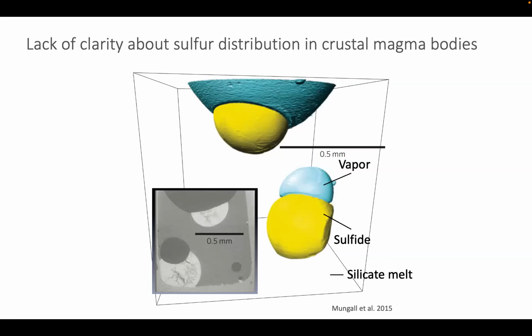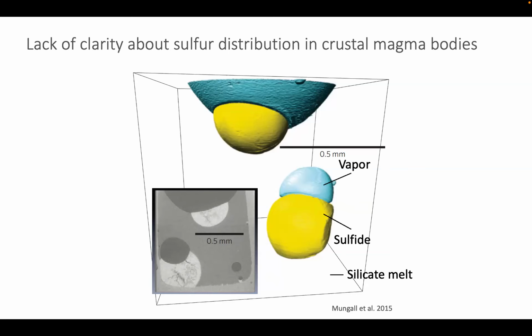So one aspect of sulfur behavior that makes it a little bit tricky to study is that it partitions into vapor phases and gas phases, just like other volatile elements like water and chlorine. But it additionally partitions into these sulfide phases. And so at high temperatures, these are often immiscible iron sulfide liquids.